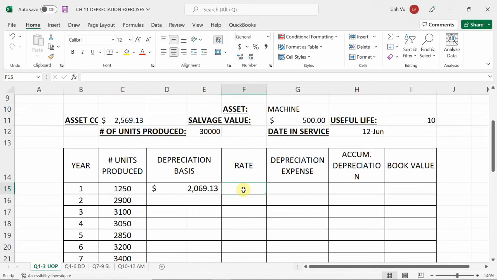So we need to find the per unit rate. I need to know how much it's going to cost me to produce one item. Divided by asset cost? No. So the depreciation basis is going to tell you what is the total amount that you can depreciate up to.